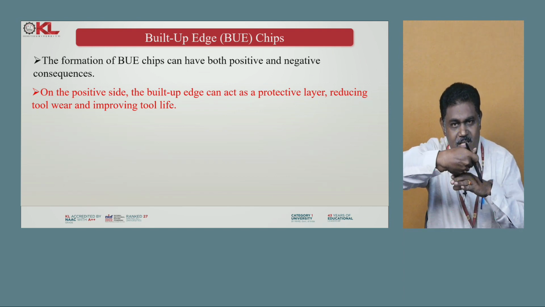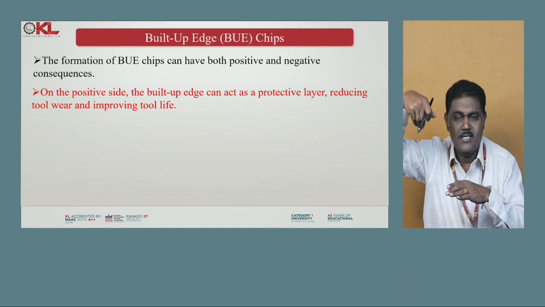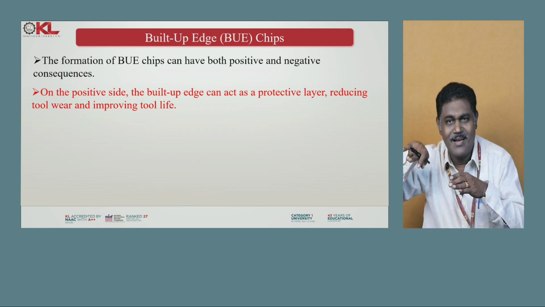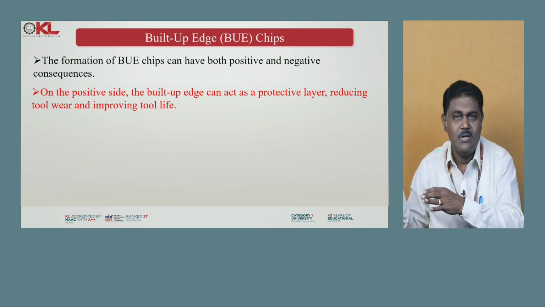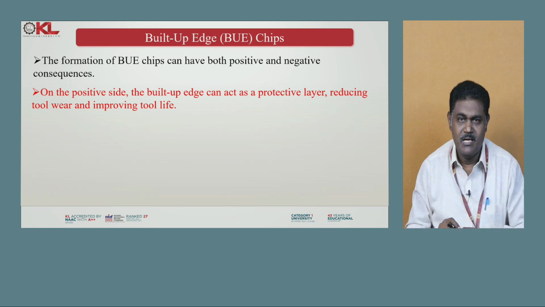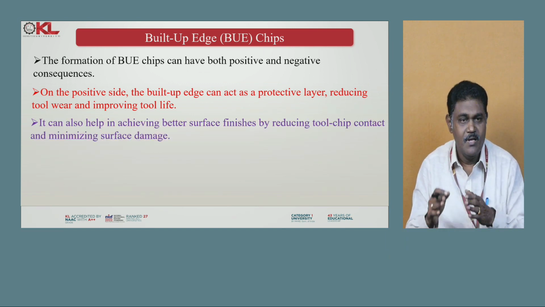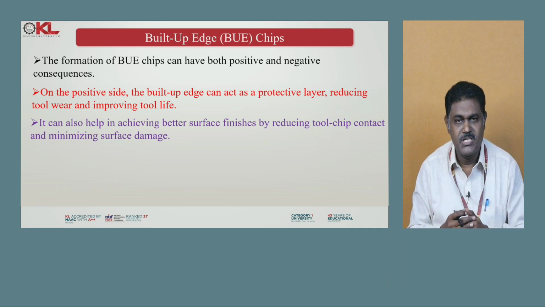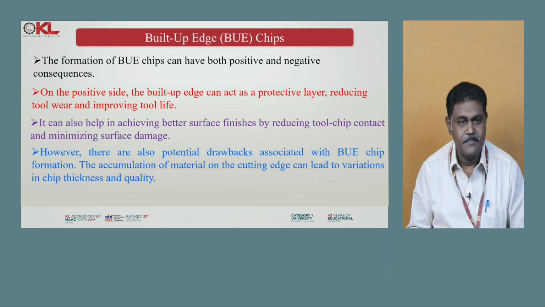The chip will come onto that edge, so it's not contacting the surface of the tool, and the tool life will increase. That is one advantage of forming these built up edges. It can also help in achieving better surface finishes by reducing tool chip contact and minimizing surface damage.